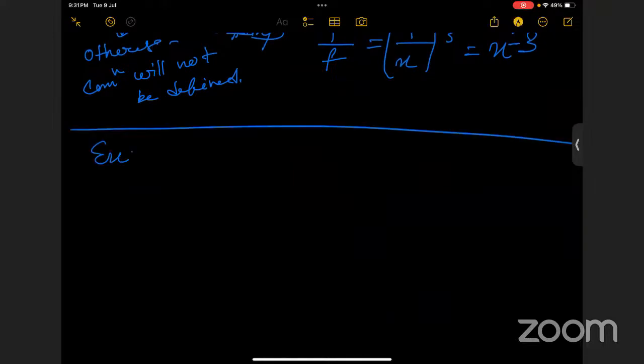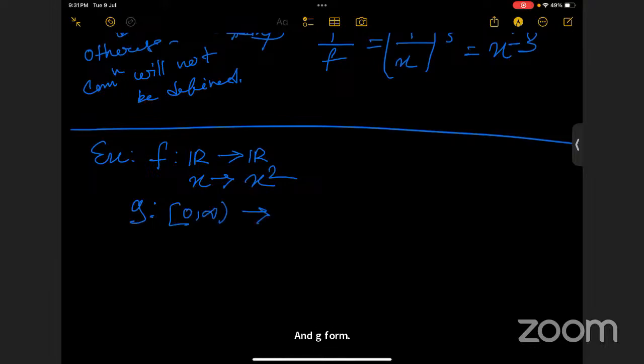So we can now look at some examples. Suppose I take f from real numbers to real numbers such that x goes to x squared, and g from 0 to infinity, such that x goes to x plus 1.